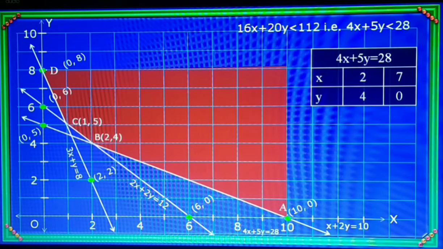When x is equal to 2, y is equal to 4. When y is equal to 0, x is equal to 7. One point already exists, that is B. We just have to mark another point with coordinates 7, 0. Through the points with coordinates 2, 4 and 7, 0, draw a dotted line.